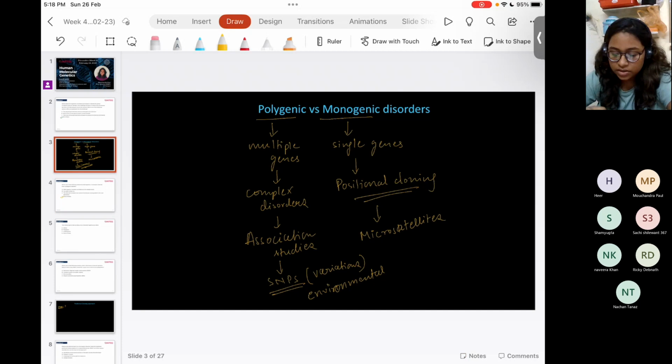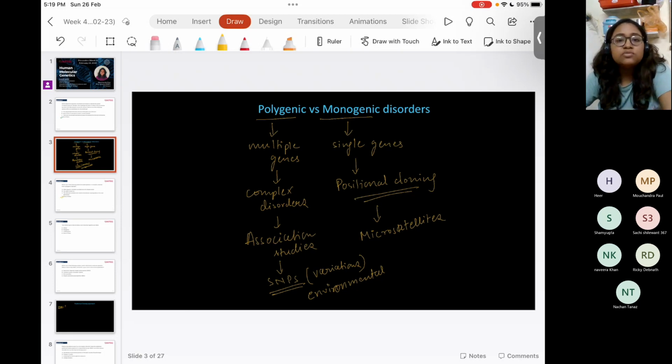I was actually planning to have a complete comprehensive discussion on positional cloning later on. But briefly, let me tell you that positional cloning is an approach that people have adopted to identify the unknown single gene that causes a disorder.